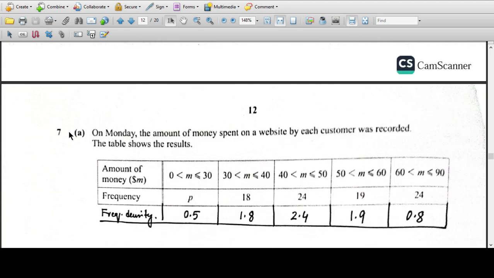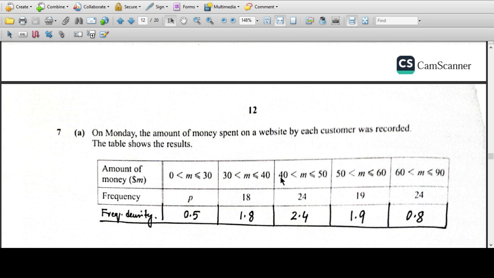This is question number 7. On Monday, the amount of money spent on a website by each customer was recorded. The table shows the results. For $0 to $30, the frequency is P. For more than $30 and up to $40, the frequency is 18.